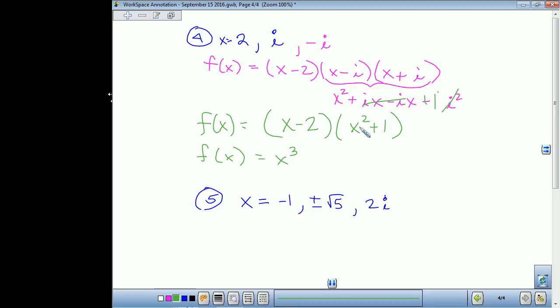But then I'm going to do negative 2 times the x squared. And then x times 1. And then negative 2 times 1. That way, I'm in the right form. Saved myself a step. Make sense?